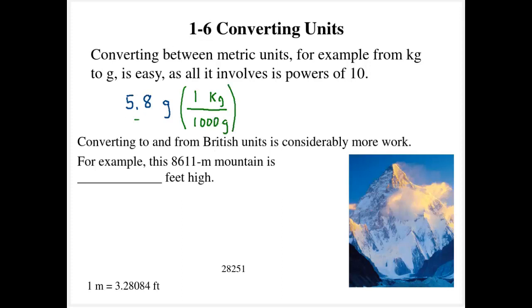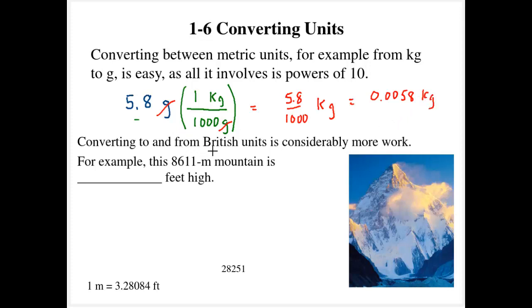However, 1 has different units. Now I can cancel this gram out with that gram out, and I'm going to end up with 5.8 divided by 1,000, and now my unit has changed over to kilograms. So I write that out as 0.0058 kilograms.